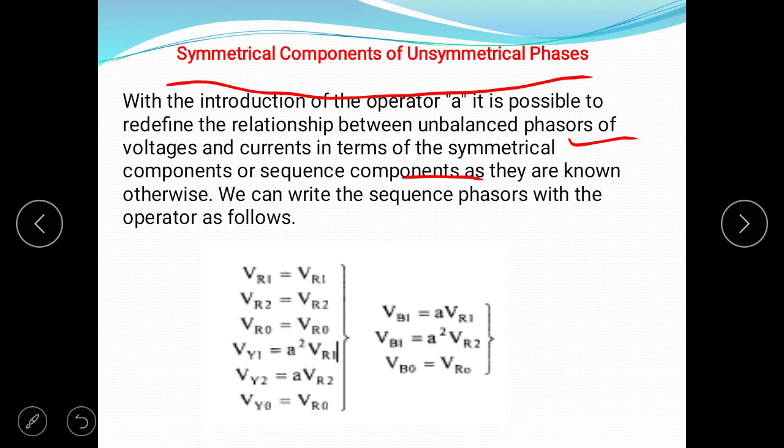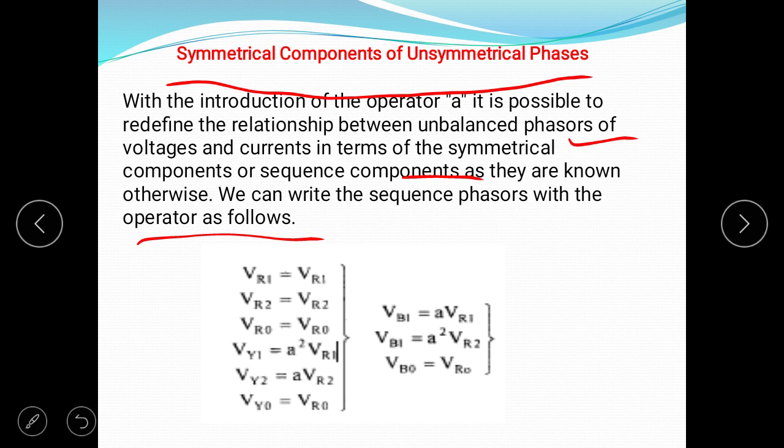Otherwise, we can write sequence phasors with operator as follows. Means with the help of operator A, now we will write symmetrical components of unsymmetrical phases, means sequence components in terms of phase components.